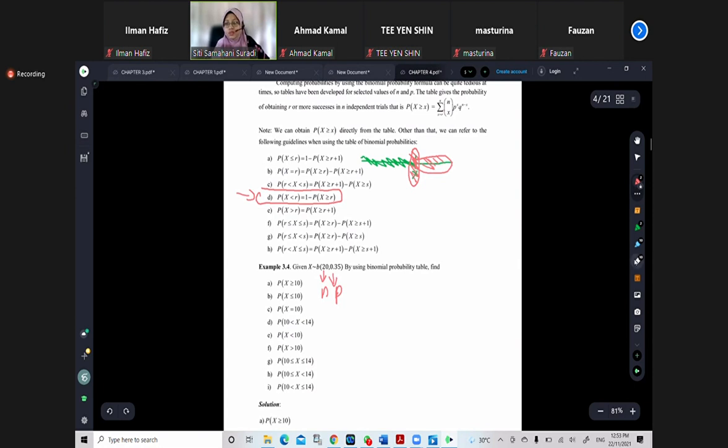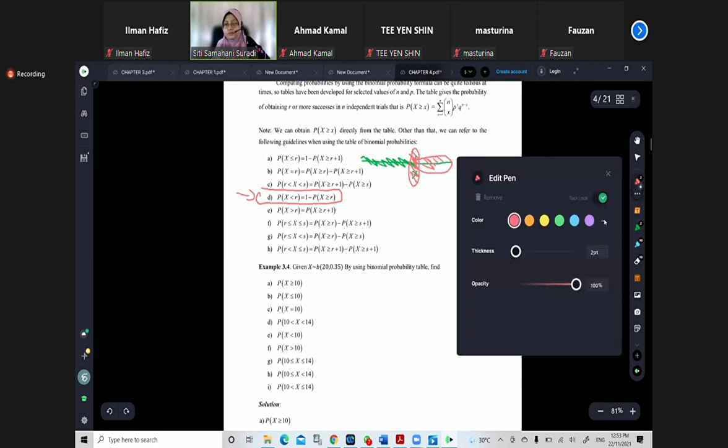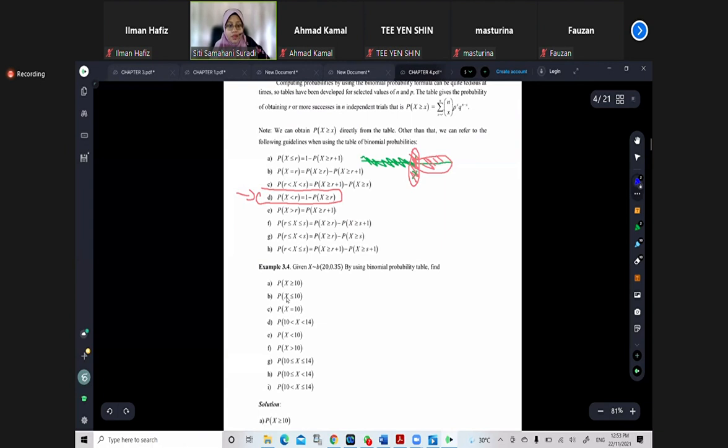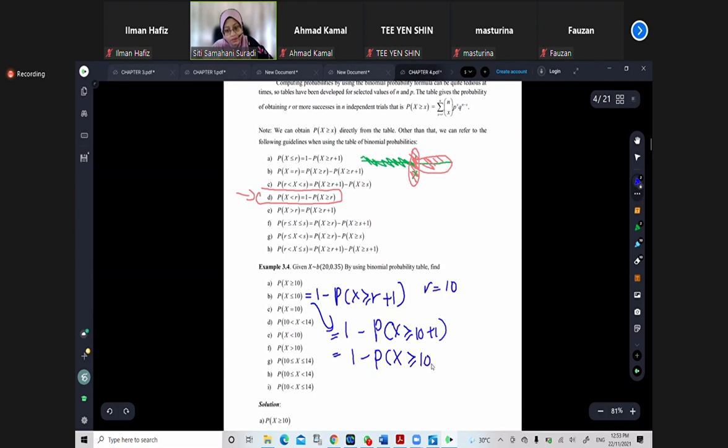So that means you need to consider, since this is less than, 1 minus P(X more than or equal to R plus 1). R is equal to 10, so you need to consider 1 minus P(X more than or equal to 10 plus 1). That means 1 minus P(X more than or equal to 11). Get it? So you need to find 11, sorry, 11.